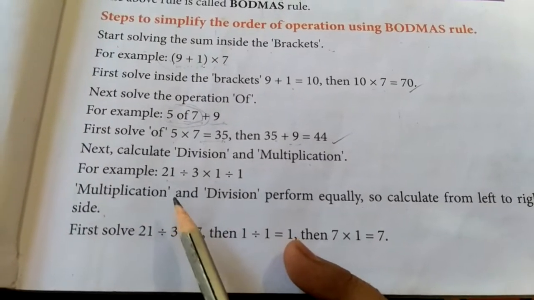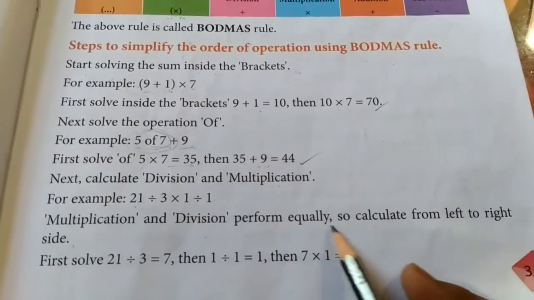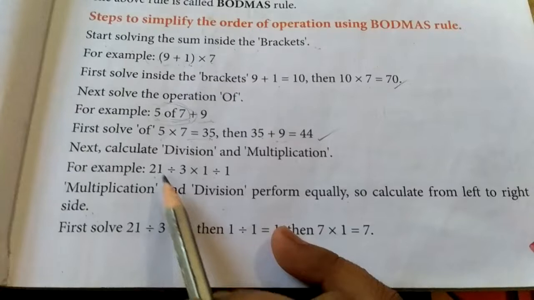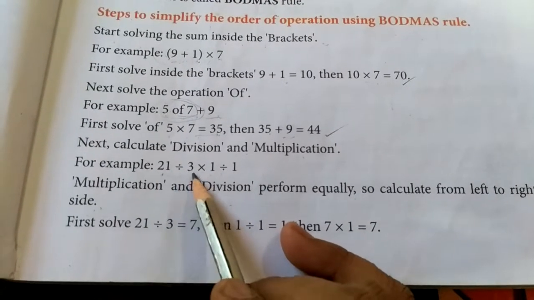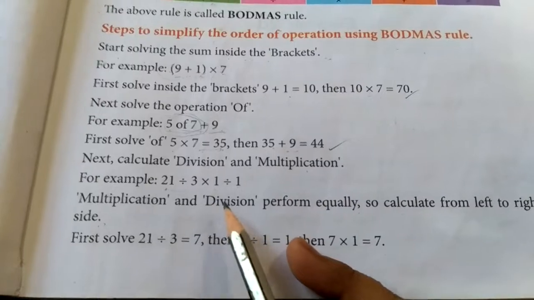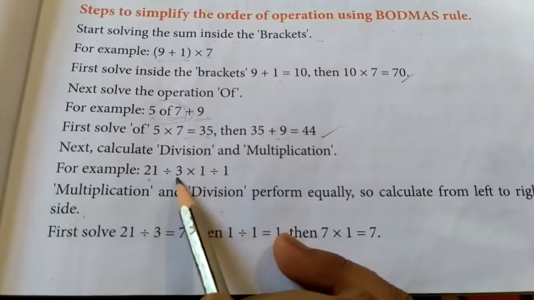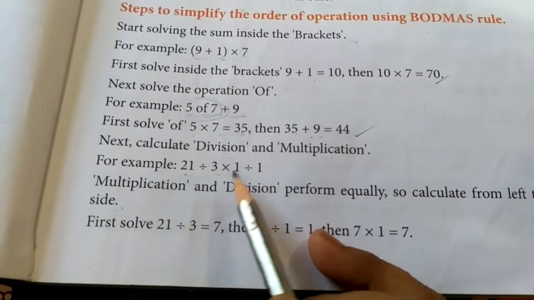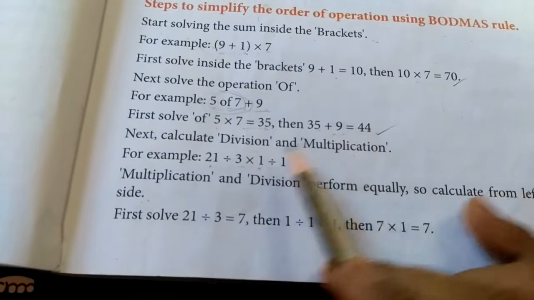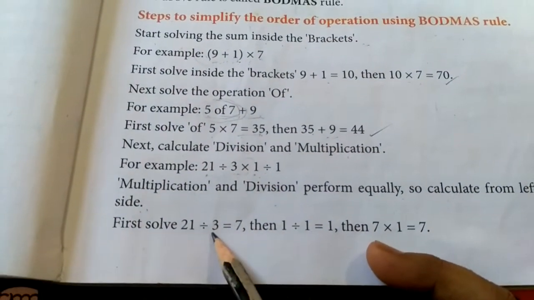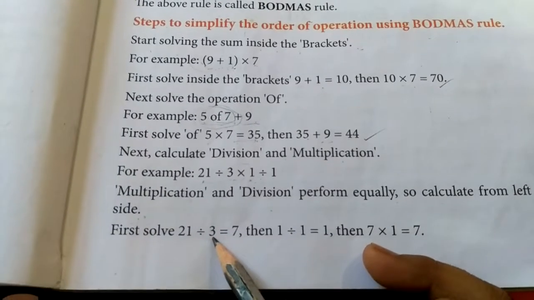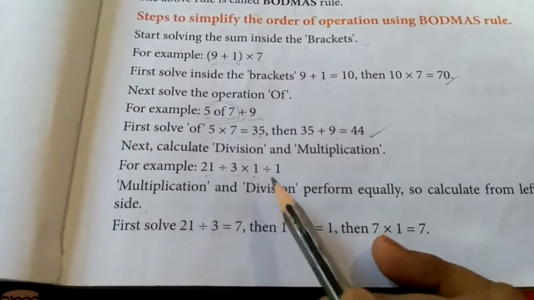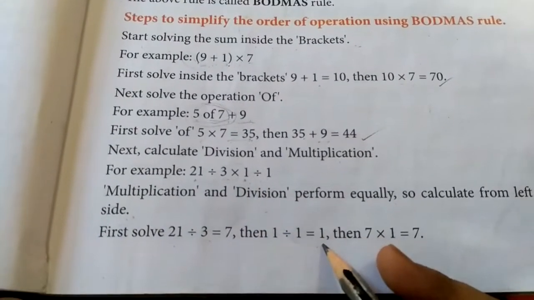Now here, multiplication and division perform equally, so calculate from left to right side. First we will solve the division part. So 21 divided by 3, and then 1 divided by 1 is equal to 1.